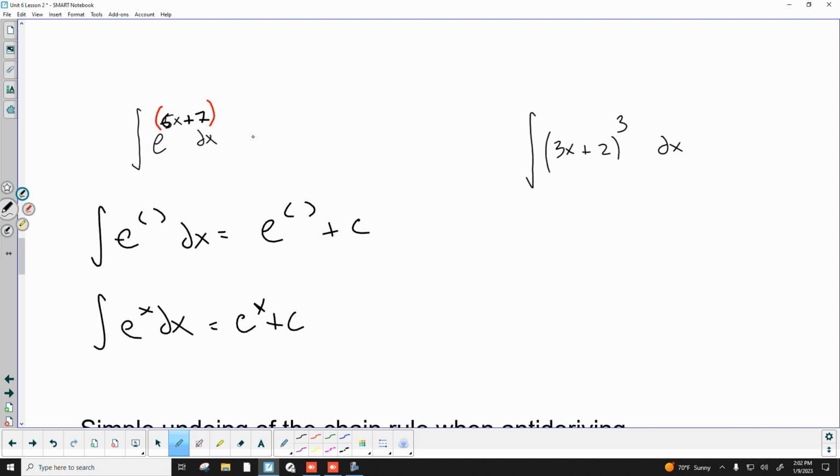What starts in the parentheses stays in the parentheses no matter which direction you go. But because the derivative of the inside is 6, I know I need a 1/6.